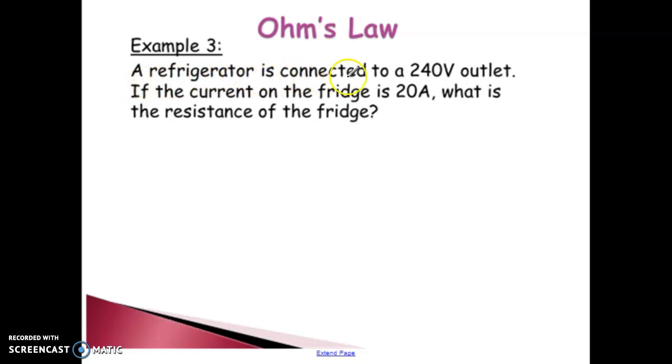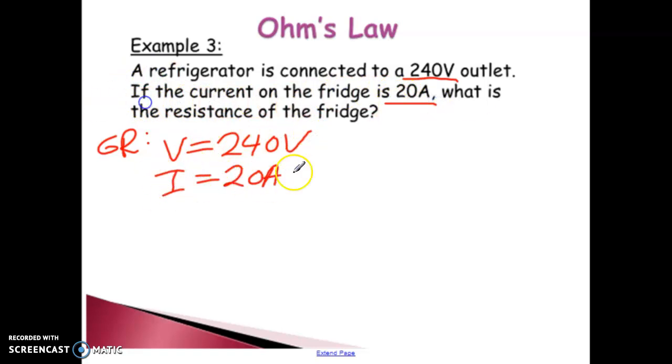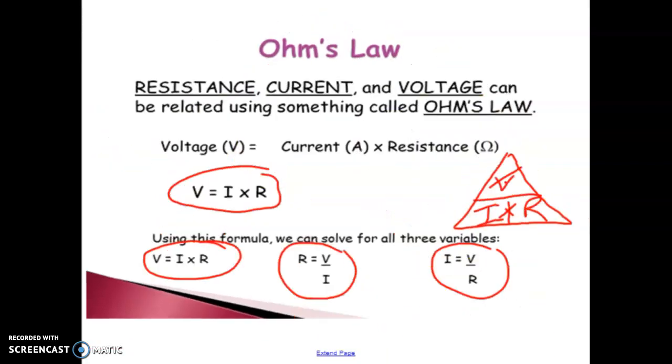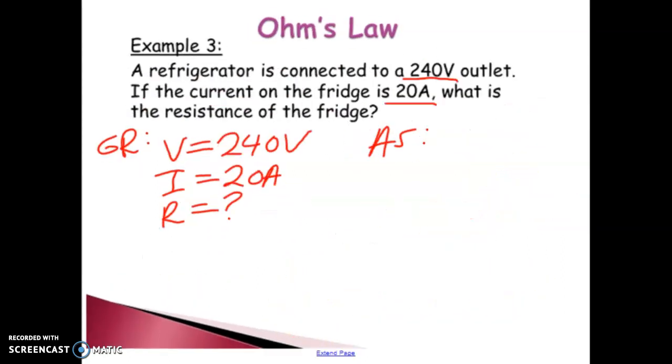All right, so we have a refrigerator connected to a 240 volt outlet. Let's start by writing the given. The voltage is 240 volts. If the current in the fridge is 20 amps, so we have current, what is the resistance? We're looking for the resistance. Let's look at the formula. Resistance is equal to V over I. We're going to plug in those numbers.